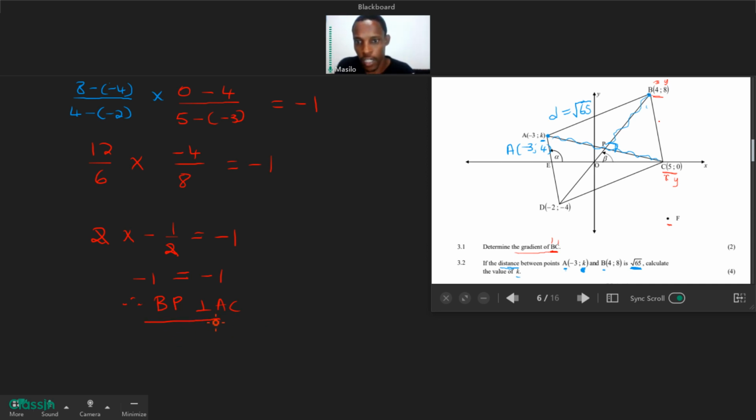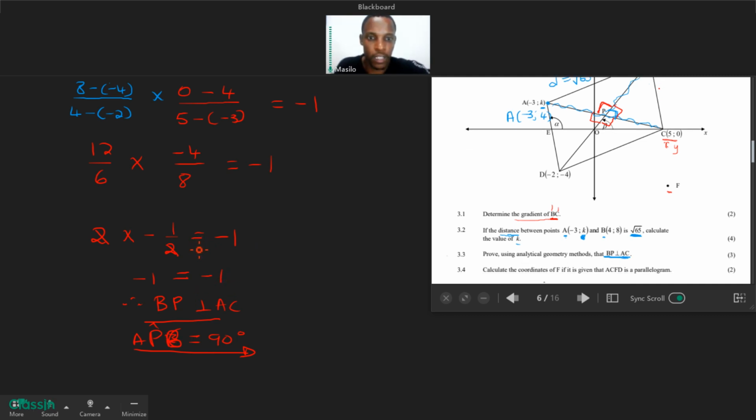And this proves that each and every angle at P is equal to 90 degrees. That's what it means. So if we are talking about angle P, you can choose whether you say APB, this angle from line AP to B, this angle is 90, this one is 90, and also this one is 90. So this is how you show that the two lines are perpendicular with one another.